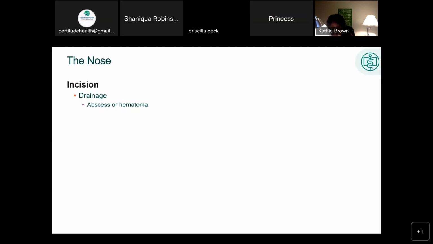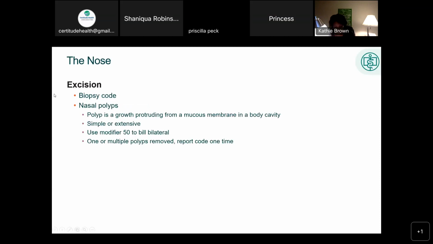If you turn to page 221, the red headings let you know where your organs start. With excision of the nose, this could be where you find codes for your biopsies as well as your nasal polyps. A polyp is a growth protruding from a mucous membrane in a body cavity.